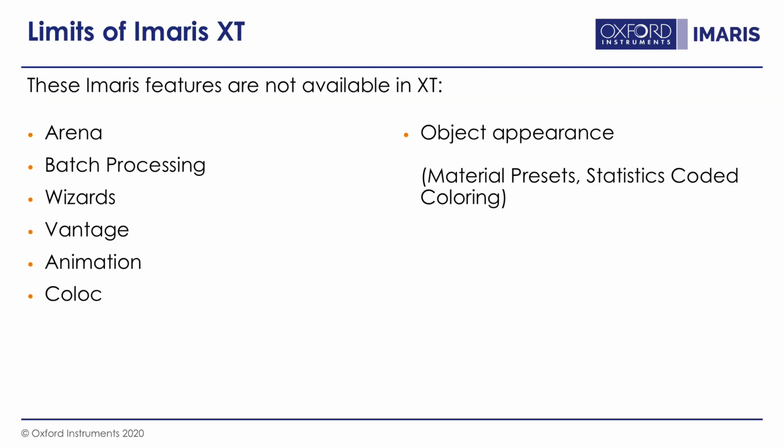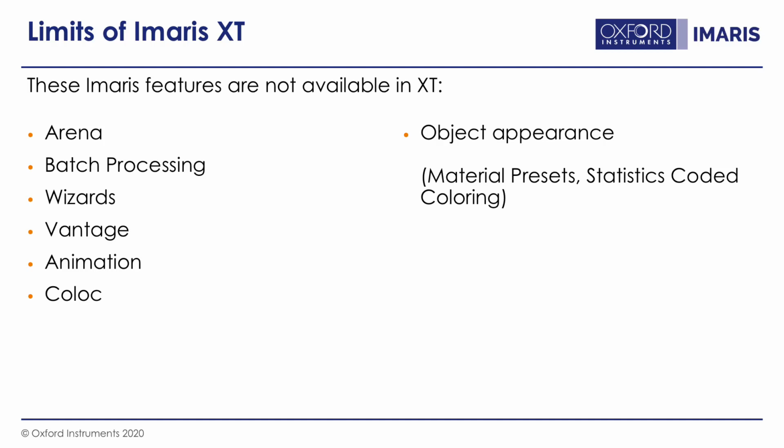There are also some things that Imaris Xt cannot do. There is no way to manipulate Arena. You cannot do batch processing. All the wizards are not available. Vantage is not available. Animation and colocalization are also not available in Xt. And as well, the object appearance.